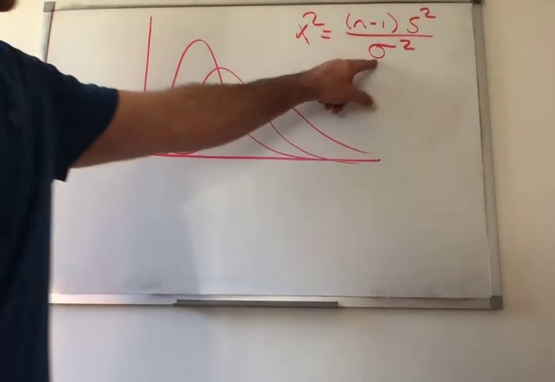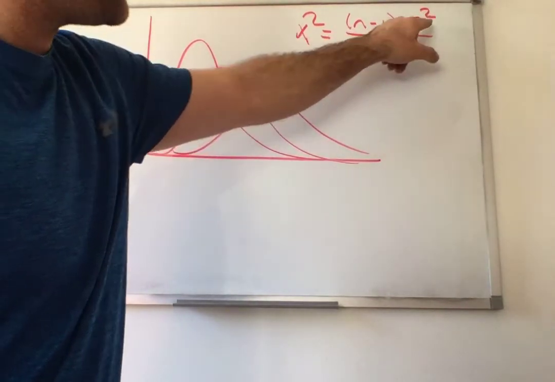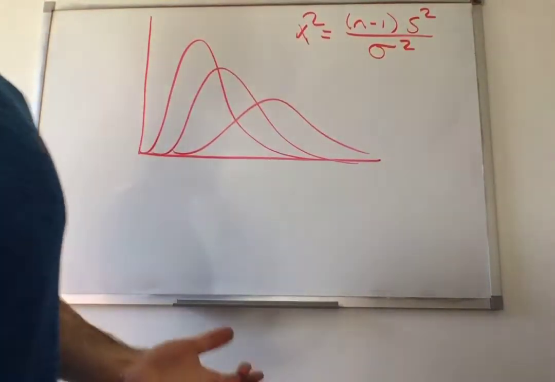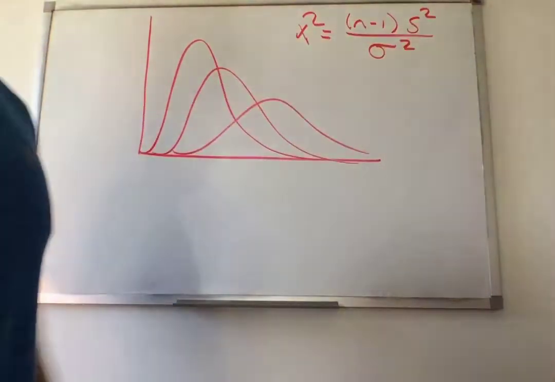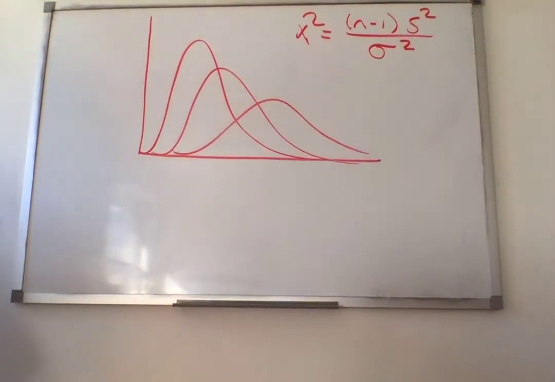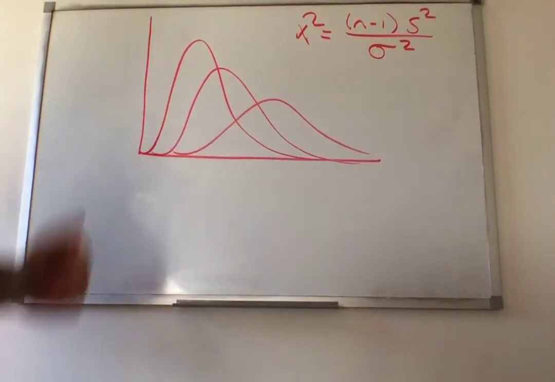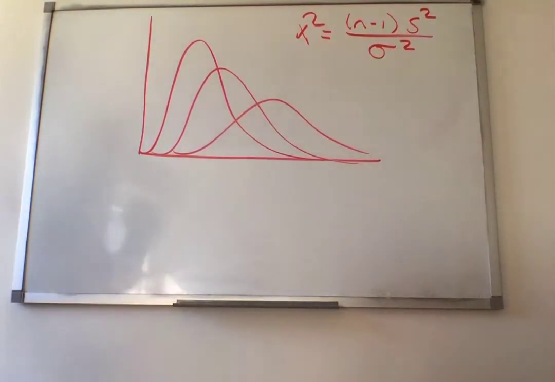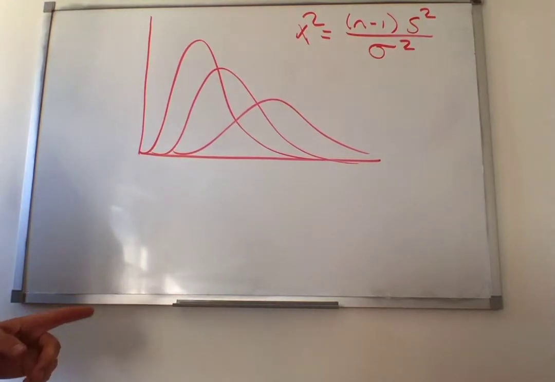So if this is a squared value, this is a squared value, that's positive, and n minus 1, n is always positive, it's your sample size. So everything here is a positive number. Okay? So that would explain why our values for our chi-squared graph are always greater than or equal to 0. They're always positive.